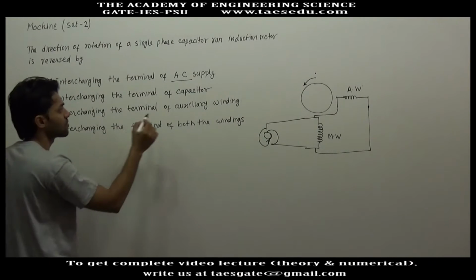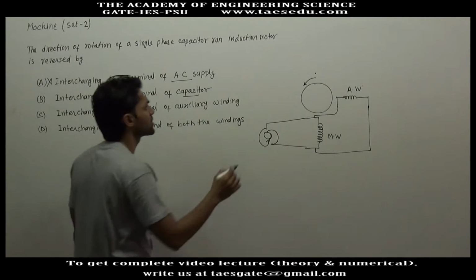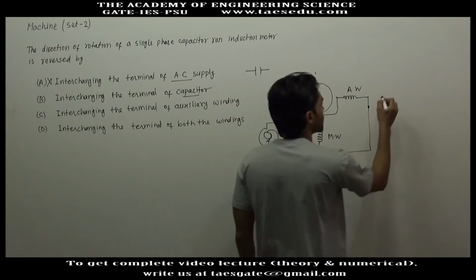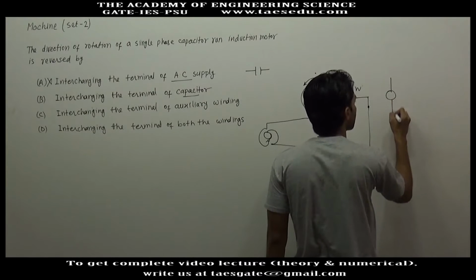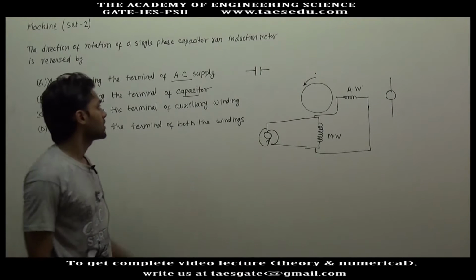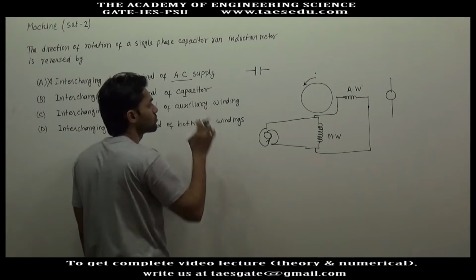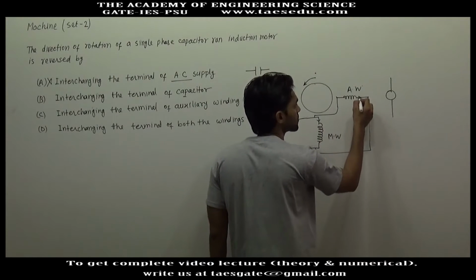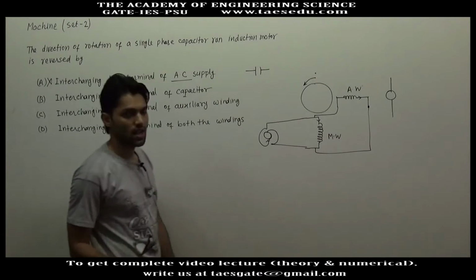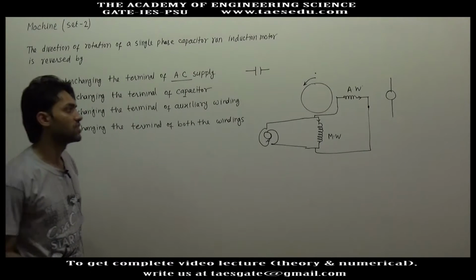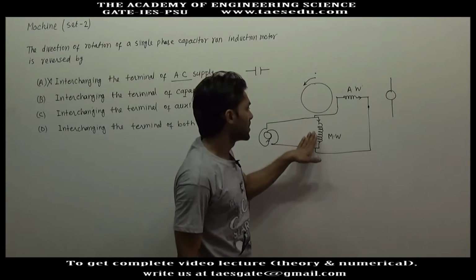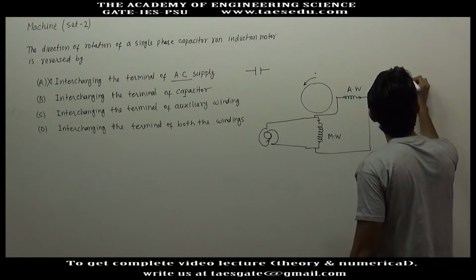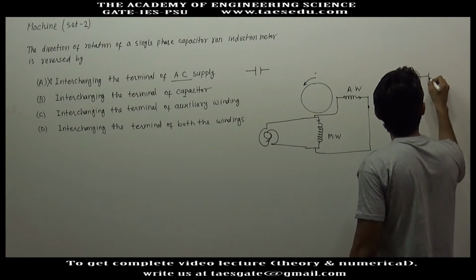By interchanging the terminal of the capacitor, it will not make any difference. In an induction motor, the capacitor is connected to produce a phase difference between the current of the main winding and the auxiliary winding. So let's say this is an AC circuit.